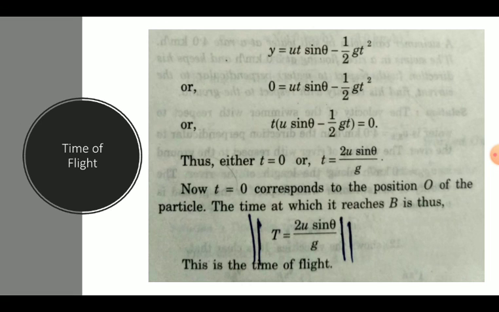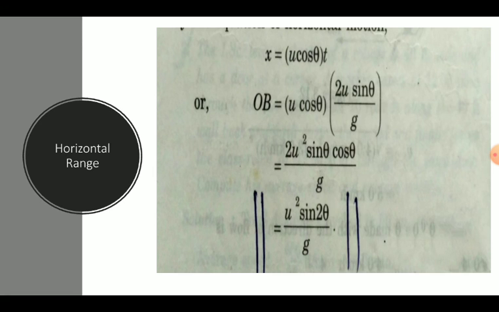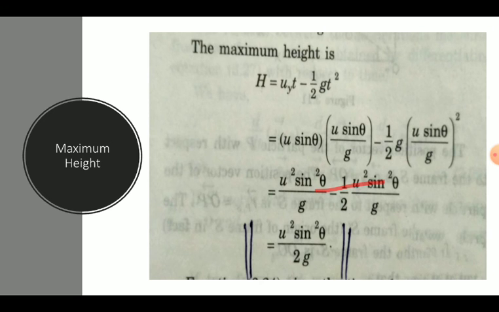For time of flight we apply the vertical motion and get the value of t, which is 2u sin theta over g, and for horizontal range we apply the equation of motion in horizontal direction, and we get the expression as u square sin 2 theta over g. And for maximum height we again apply the equation of motion in vertical direction, and we get the expression as u square sin square theta over 2g.